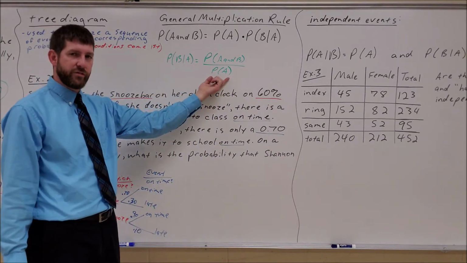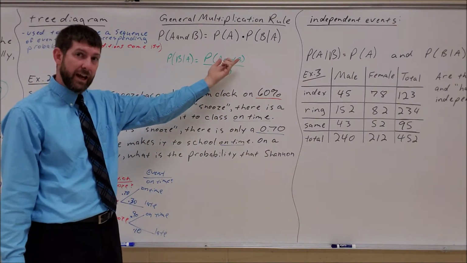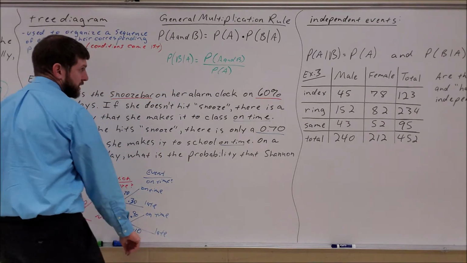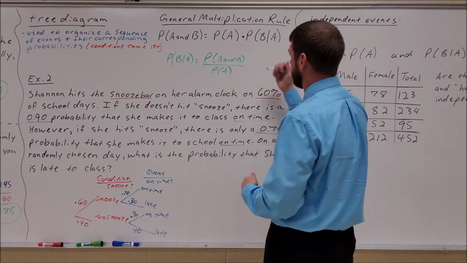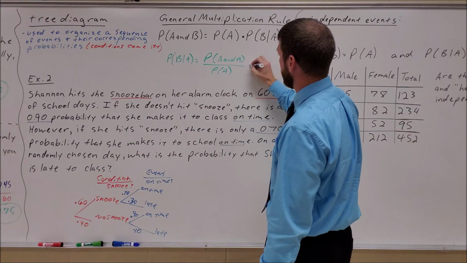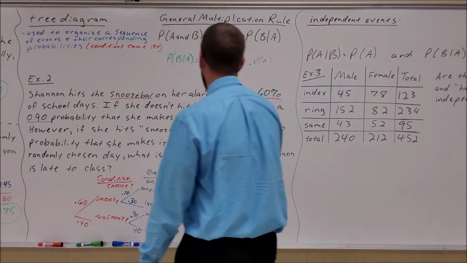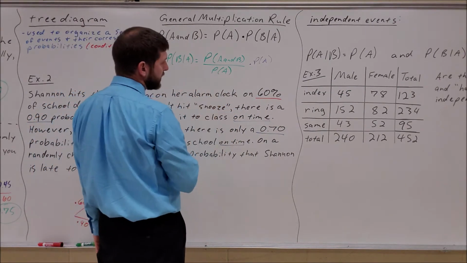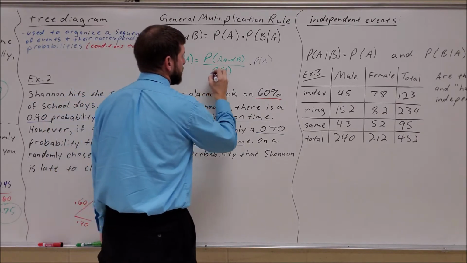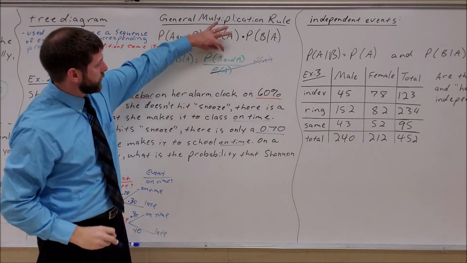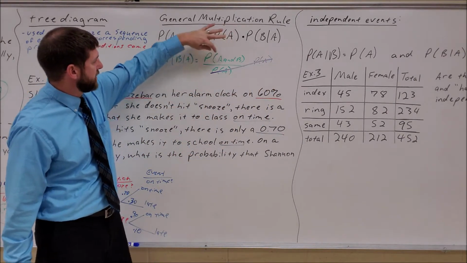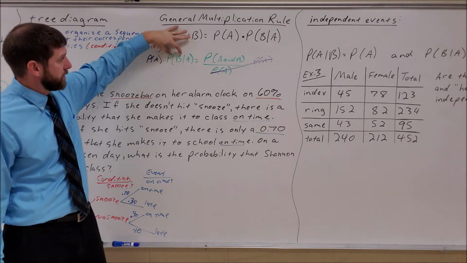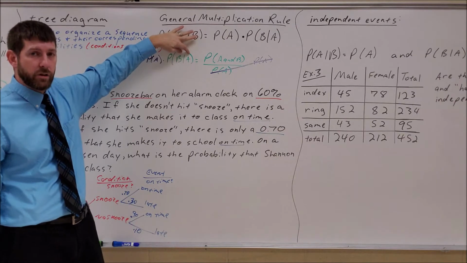Well, if I take this formula right here and solve for the and statement, how can we do that? Just using a little algebra. If I want to get rid of dividing by the probability of A, I just multiply by the probability of A. So those cancel out, and what are we left with? The probability of A and B is equal to the probability of A times the probability of B, given that A has already occurred.